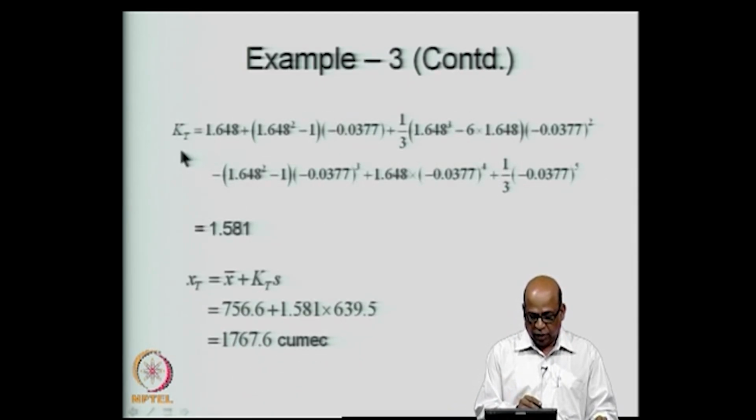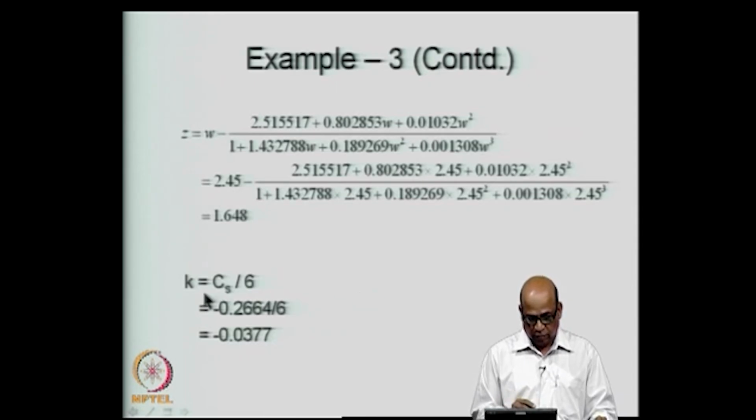And I get k T here, where k is Cs by 6. I am sorry, I repeat this.